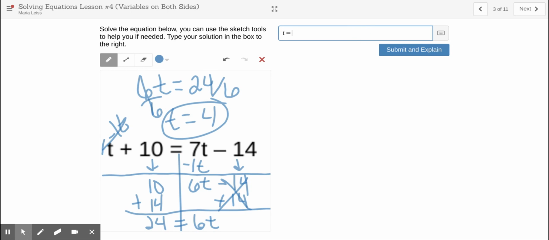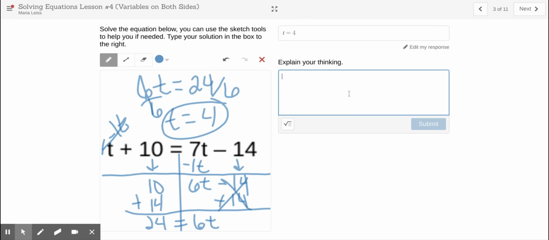So here's what I'm going to write in my answer. Then to submit and explain my thinking, first, I subtracted 1t from both sides. That was step 1. Step 2, I added 14 to both sides to get the 6t alone.